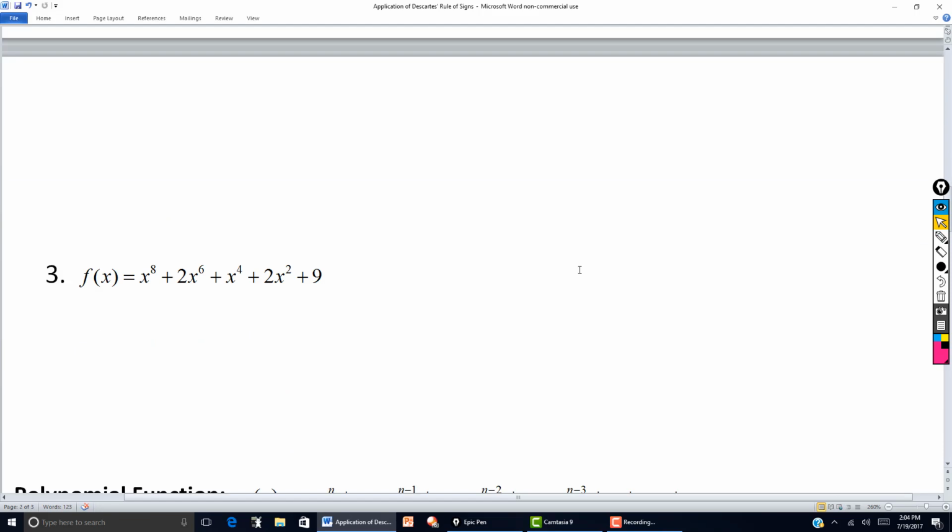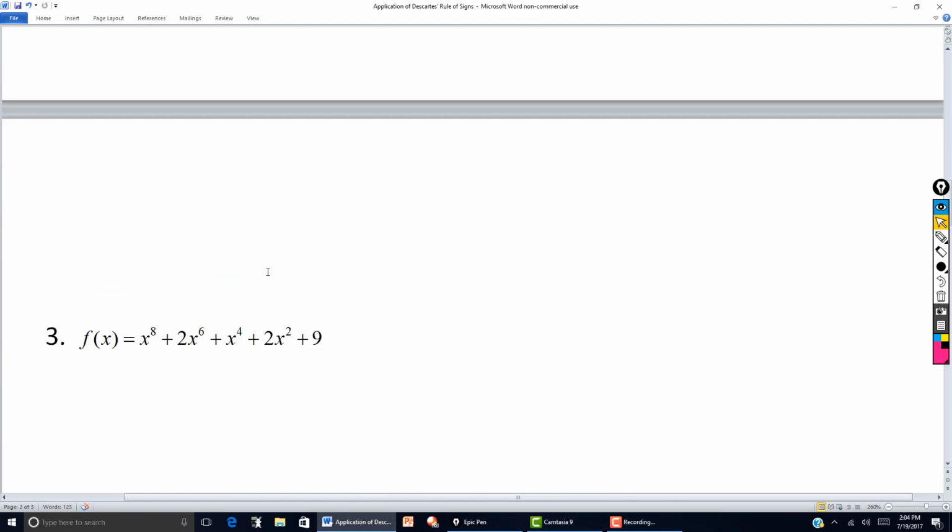So notice on this one, it's in descending powers already. x to the 8th, 2x to the 6th, plus x to the 4th, plus 2x squared, plus 9. But notice, all the signs are positive. So I have 0 variations. In this particular case, I can't subtract 2 because I get a negative.